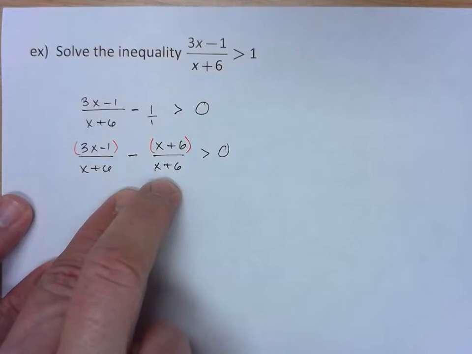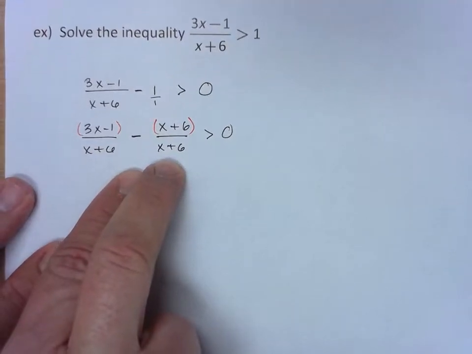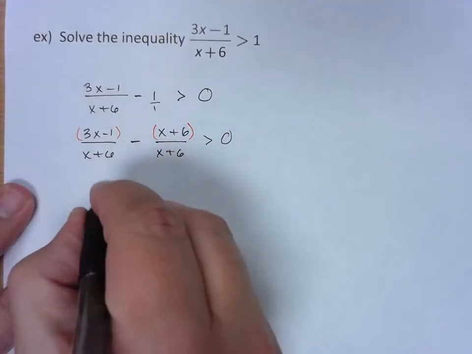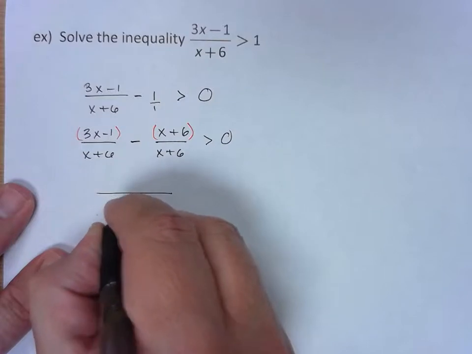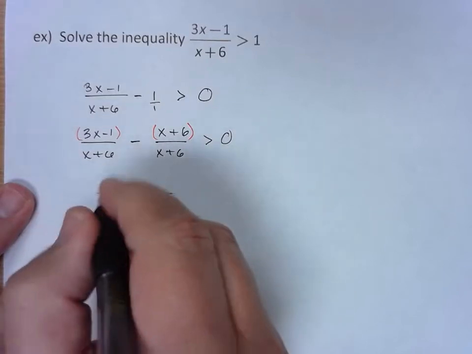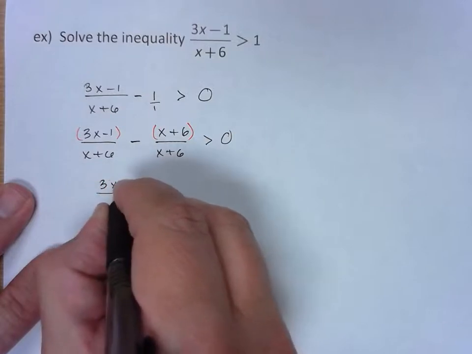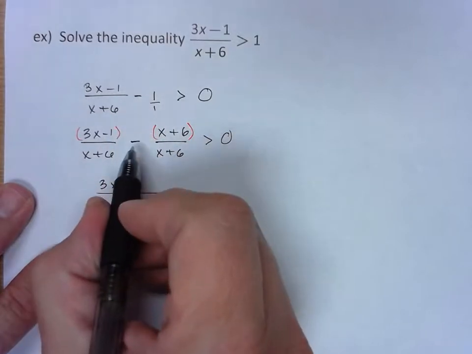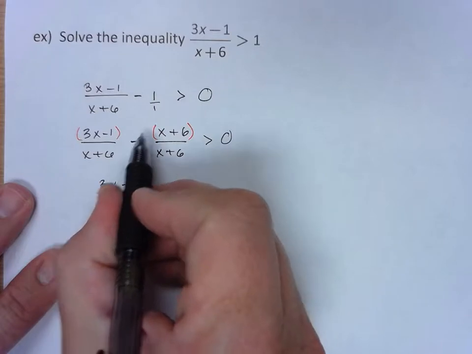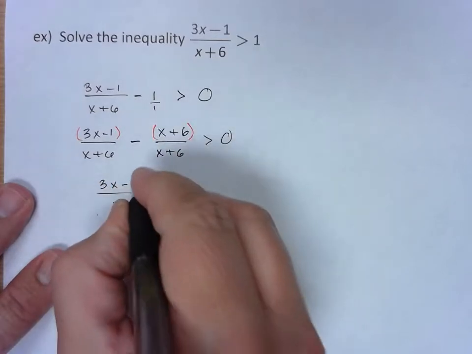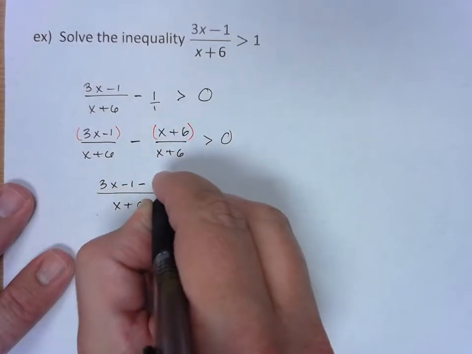When you bring these together into one fraction, which is your next logical goal in getting a common denominator, you've got to be mindful of the sign changes you have to watch out for. Your first numerator is not going to have a sign change. It'll stay 3x minus 1. But this negative has to distribute to both parts of that next numerator, making it minus x minus 6.